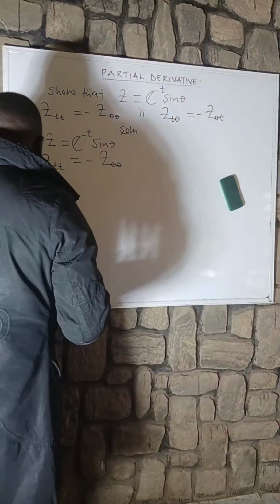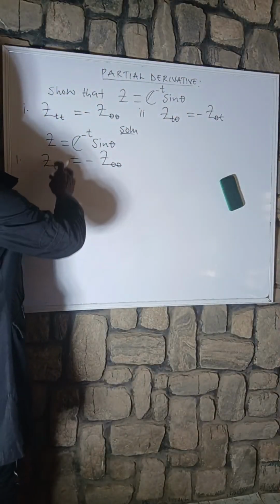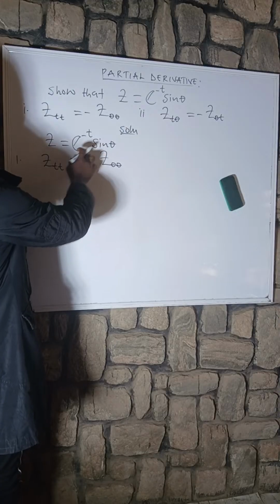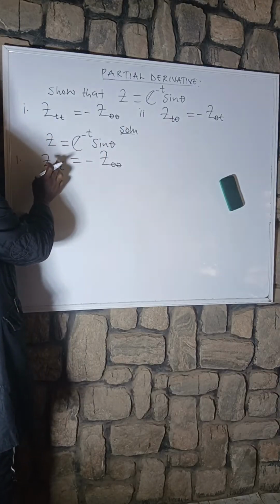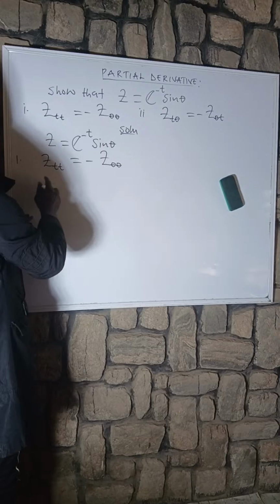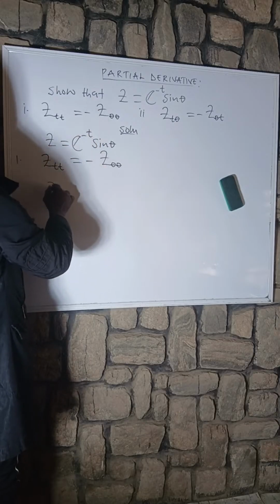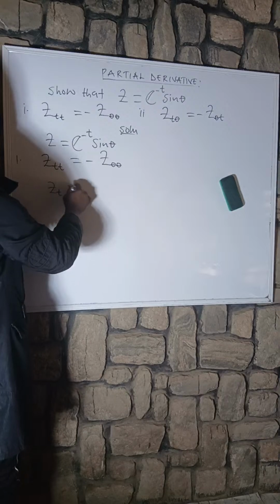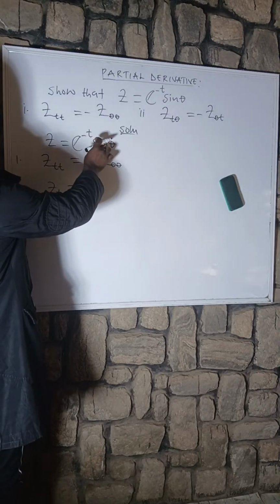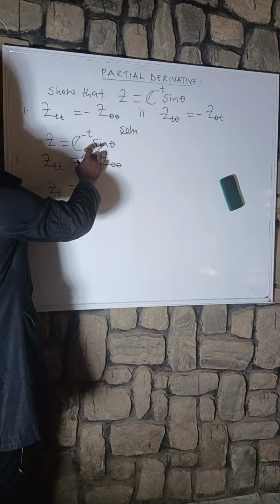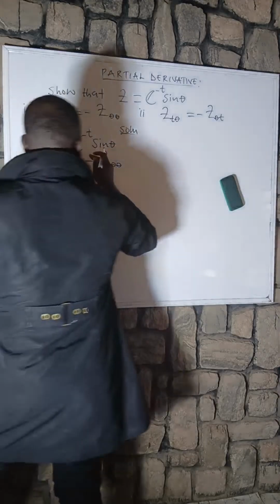Okay, so now what we need to do is differentiate this function at first with respect to t. If we differentiate this function with respect to t partially, we have two functions here, but not really.